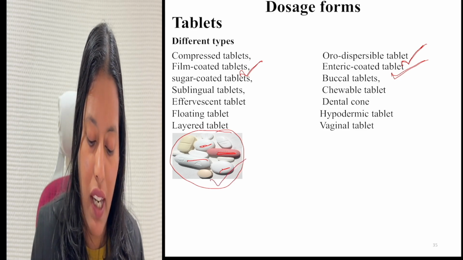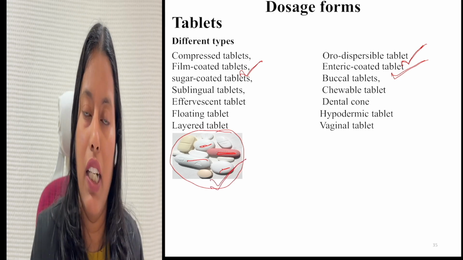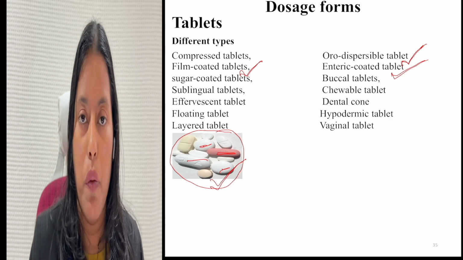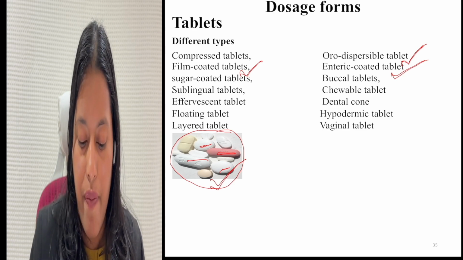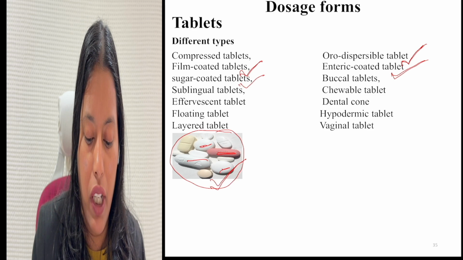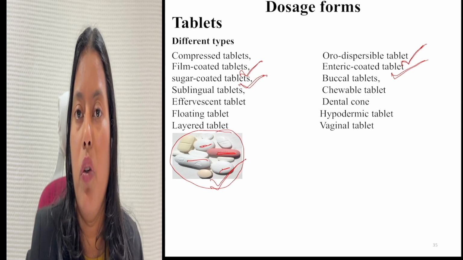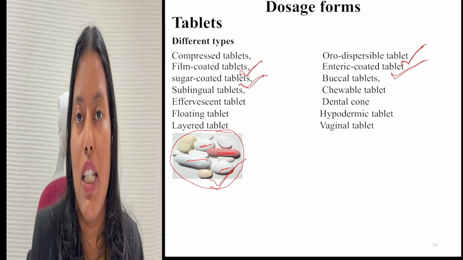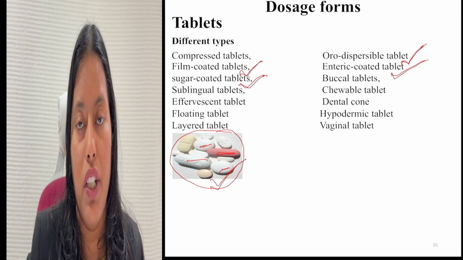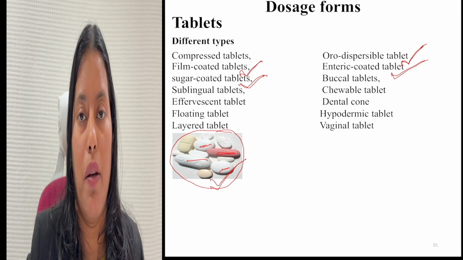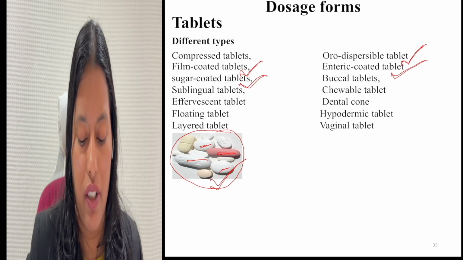They also appear the same as the compressed tablet, with a thin layer of coating on it to prevent the degradation. Next, you have the sugar-coated tablet. Generally, sugar-coated tablets are round. They are used to increase palatability and also to increase stability, to prevent degradation from environmental factors.